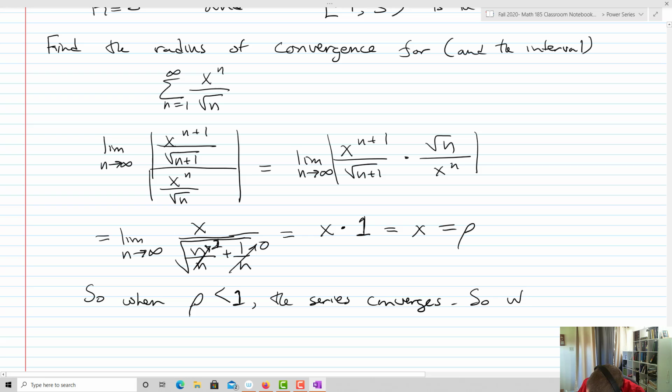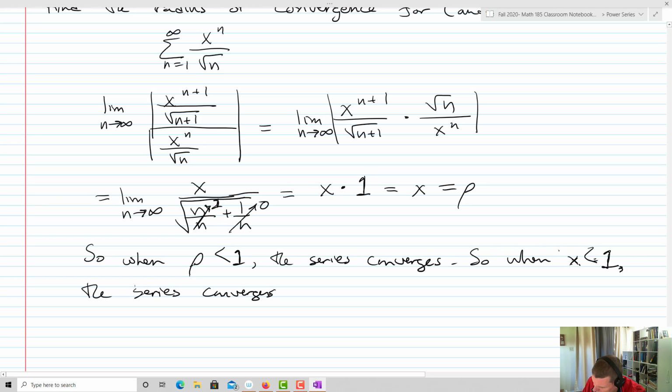So when x is less than 1, the series converges. Now all I've got to do is figure out, when the absolute value of x is less than 1, the series converges. So all I've got to do is check what happens if x equals negative 1 or x equals 1. All right, so let's check that out.